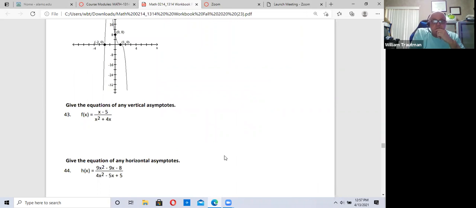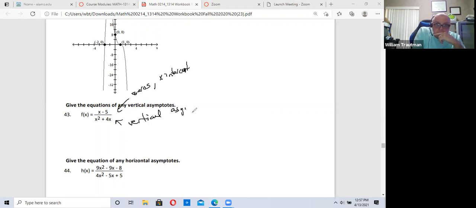Find the equation for the vertical asymptotes. Remember, the top is called our zeros or the x-intercepts when we have a rational function. The bottom are our vertical asymptotes. Okay, and it says give the equation for vertical asymptotes.